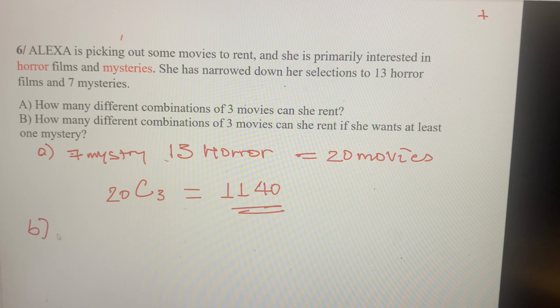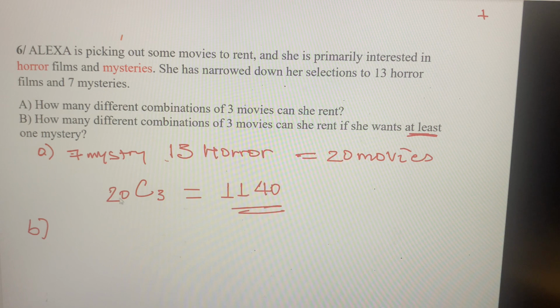Now B. Part B is a little bit different from part A. How many different combinations of 3 movies can she rent if she wants at least one mystery? What does at least one mystery mean? This is a very important phrase, at least.